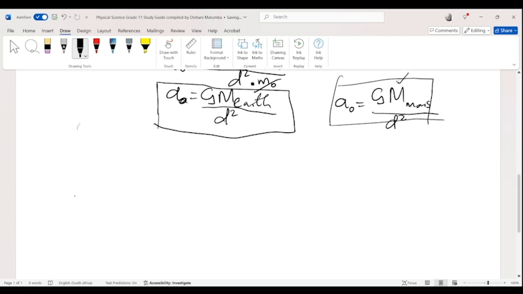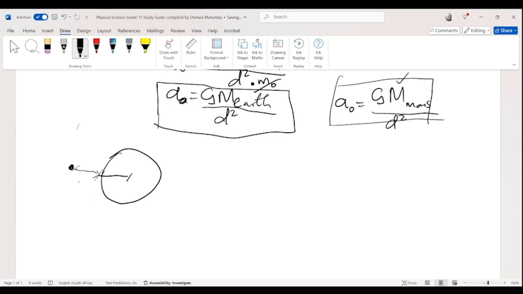Now, what happens if we have an object and Earth? What we know is that Earth has a significantly larger radius, to a point where, when we do our analysis, the distance between the object and the surface of Earth is often neglected, but up to a certain extent.